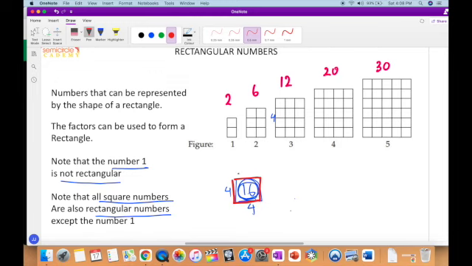A square is a special type of rectangle. A square is actually a rectangle, but guess what? A rectangle is not a square. Yeah, so we could do that later on when we reach geometry. So all square numbers are also rectangular numbers except 1, right?